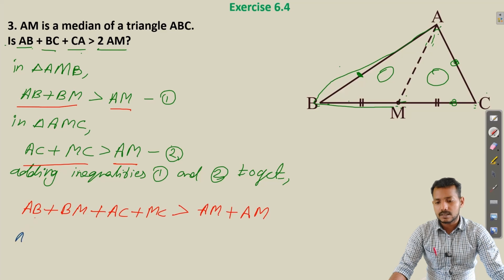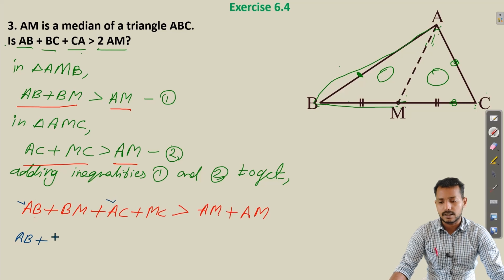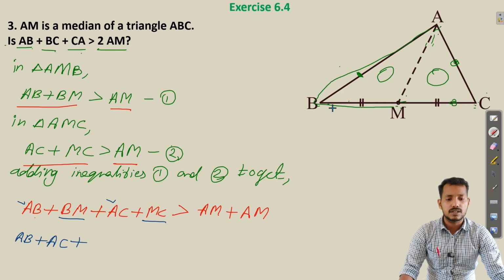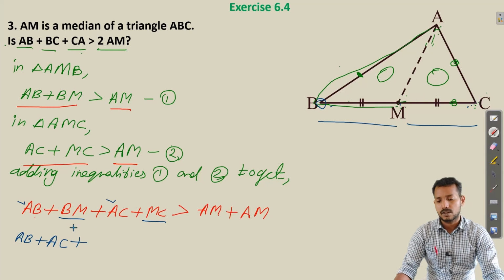Now AB plus, these two I have taken, AB and AC, I am writing here AC, plus what is BM plus MC? BM plus MC becomes BC, am I right? BM plus MC is equal to BC.